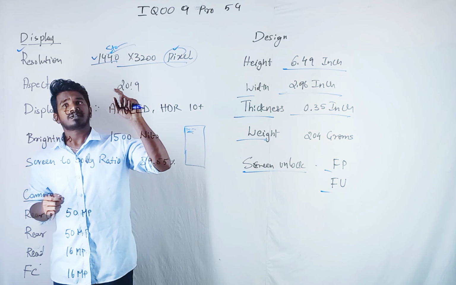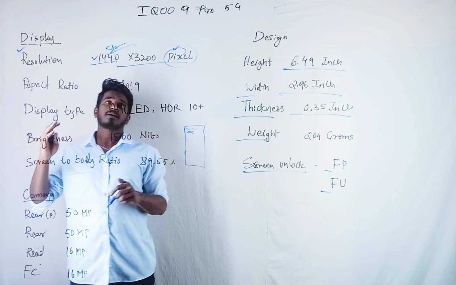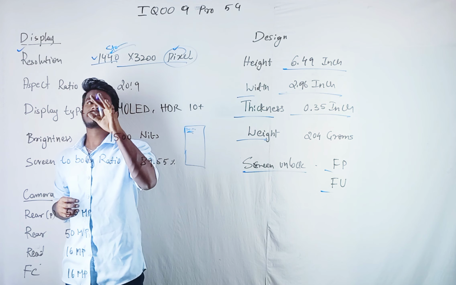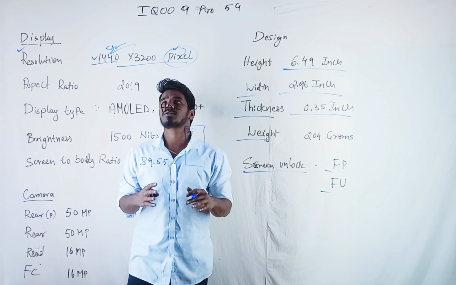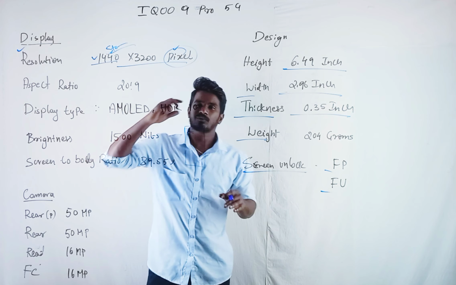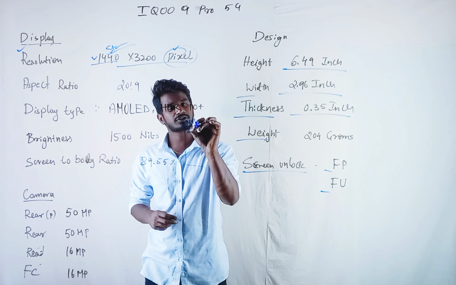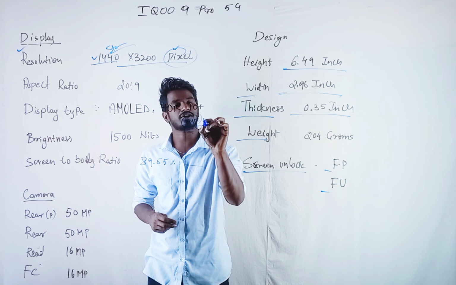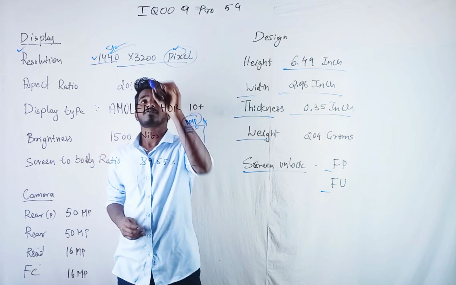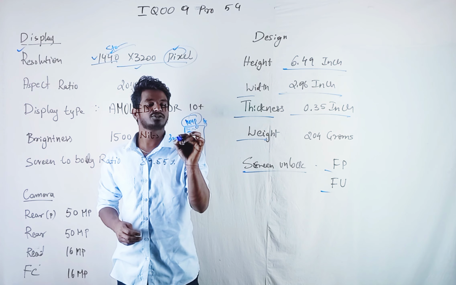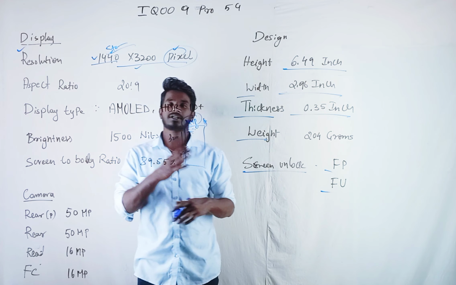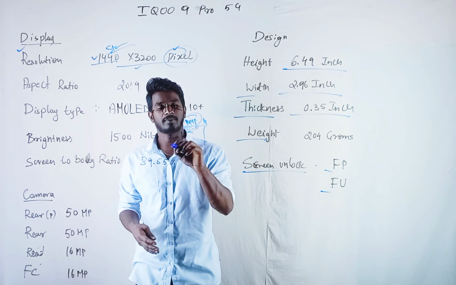But next, what is this resolution, 1440 and 3200? What do these numbers represent? 1440 pixels are there in the horizontal way, and 3200 in the vertical format in your mobile.